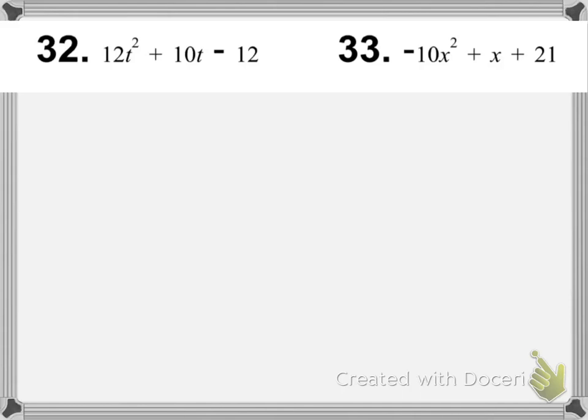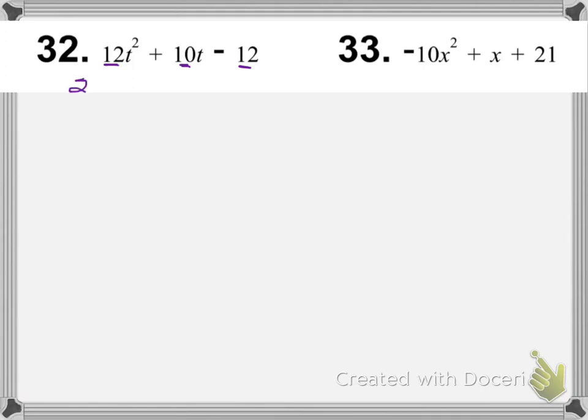This one, it's always good to look at the GCF. If I've got 12, 10, and 12 right here, then I know that my GCF is, let's see, I take the largest number, so 2 and 6, 3 and 4. So it looks like it's only 2.